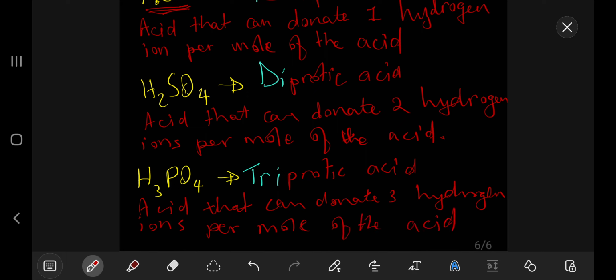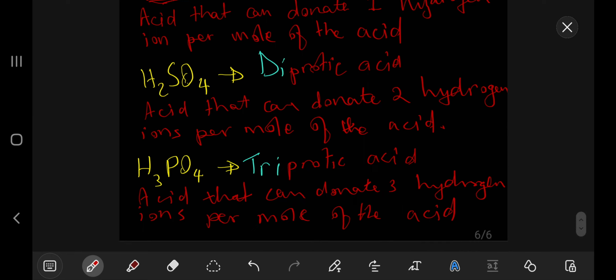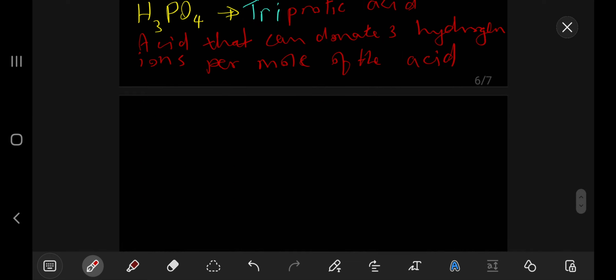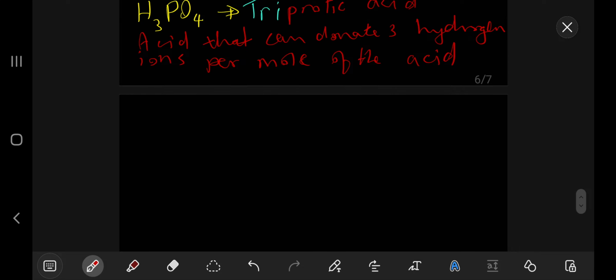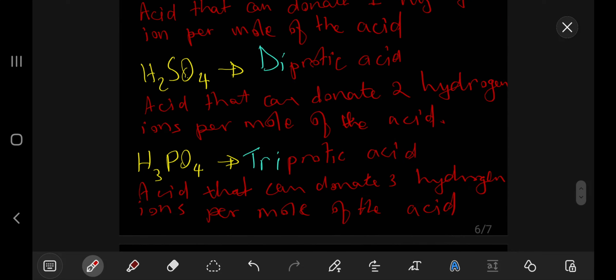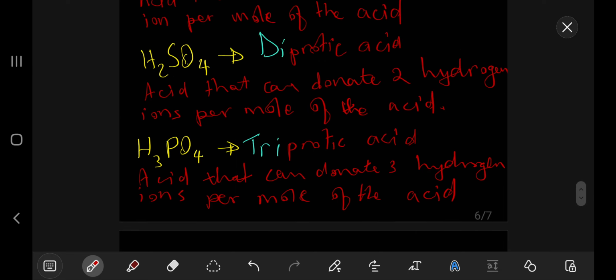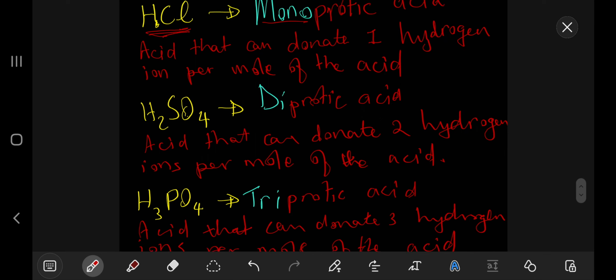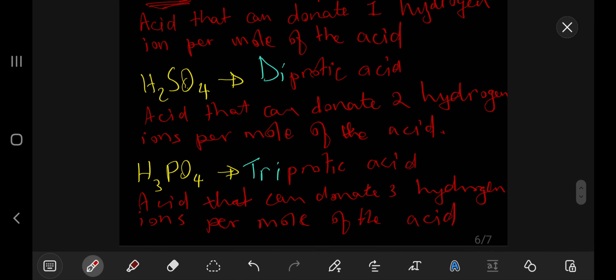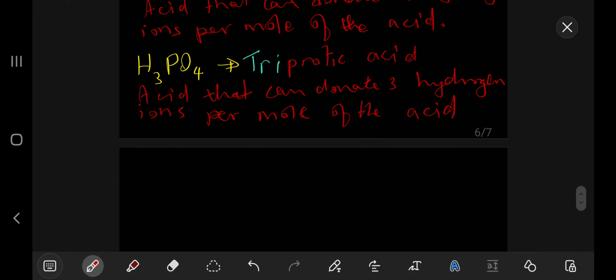But again, we cannot keep talking about 4, 5, 6, 7, 8, 9, 10, what if it donates 10? Well, there is no such acid, or maybe there is, but we cannot keep going saying di, tri, what, quad. Instead of doing that, we can say anything that produces more than 1, meaning 2 upwards, right?